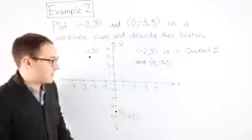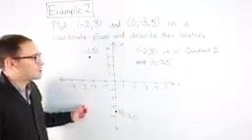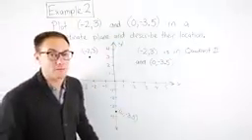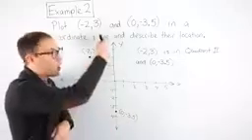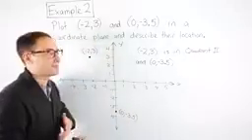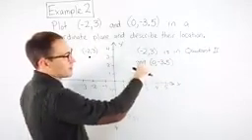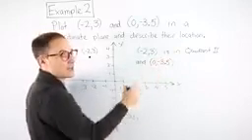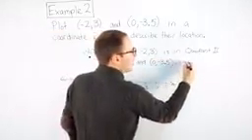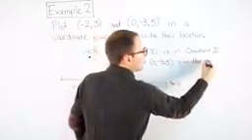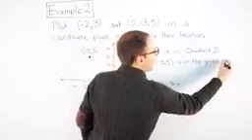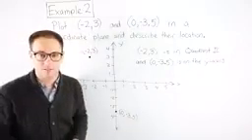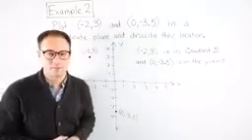Now this is a little tricky. It's not in quadrant 3, it's not in quadrant 4, it's not in any quadrant. Where is it? Well, it's on the y-axis. Okay, so that's what I'm going to say. (-2, 3) is in quadrant 2, and (0, -3.5) is on the y-axis. So that's how I describe their location. Here's some more to try on your own.